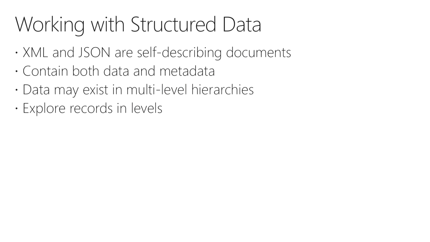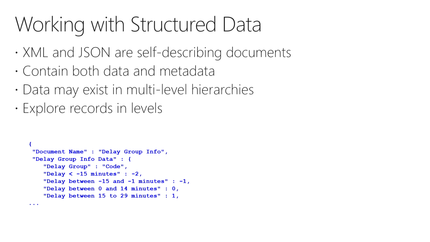All right, so working with structured data. XML and JSON are primarily the data structures that are both multi-level and hierarchical in nature. What's unique about these document types is that they contain both data and metadata. So it's self-describing, and it can be multi-level. So it can support different hierarchies, and you can explore records at different levels.